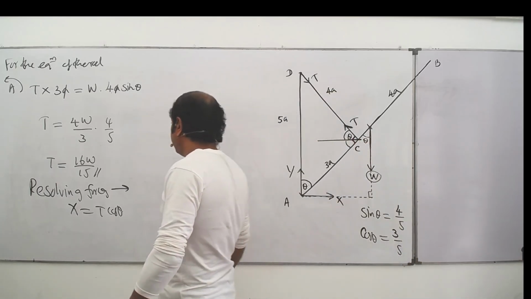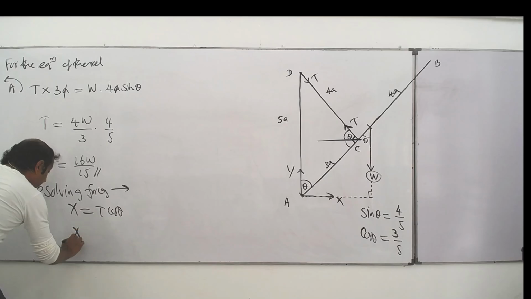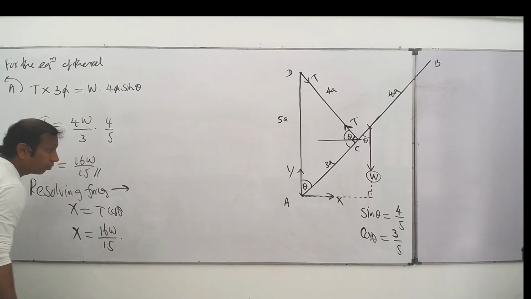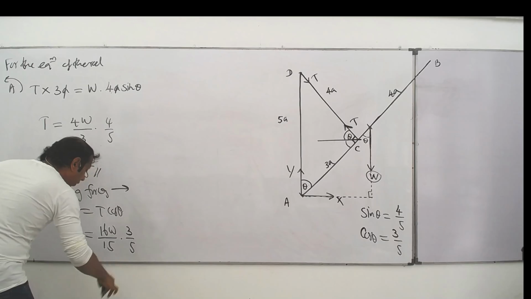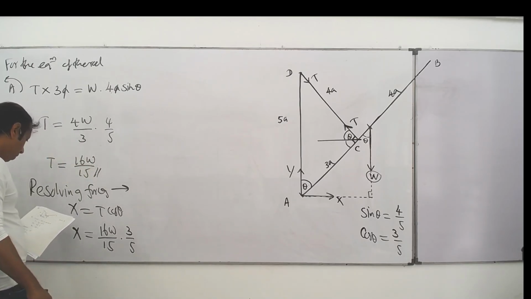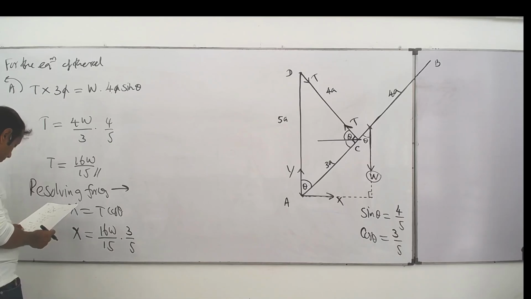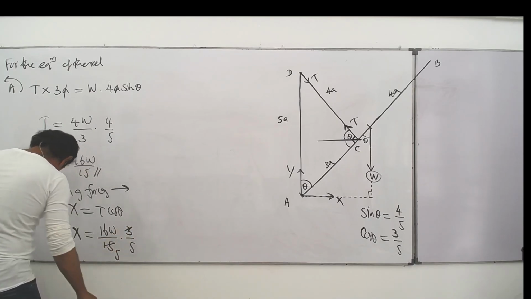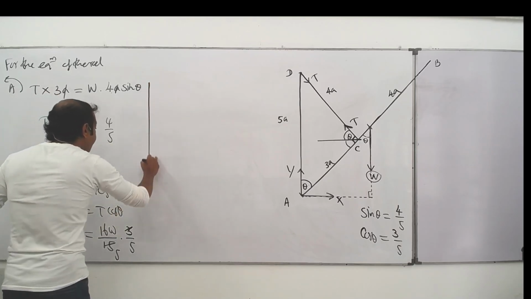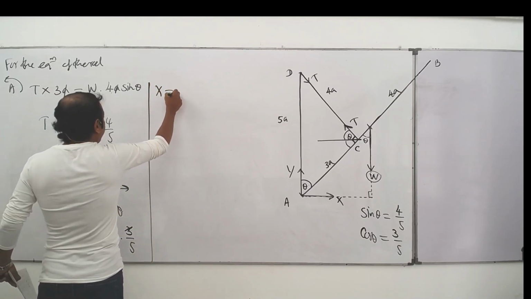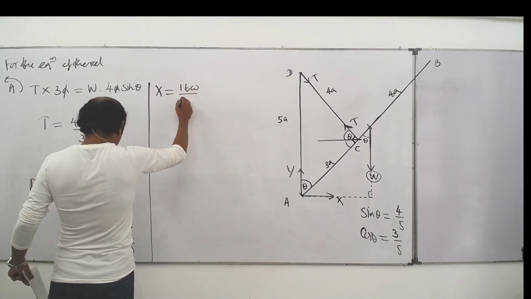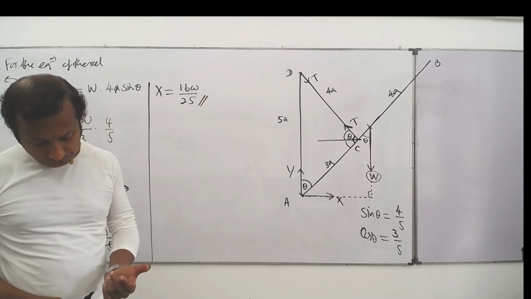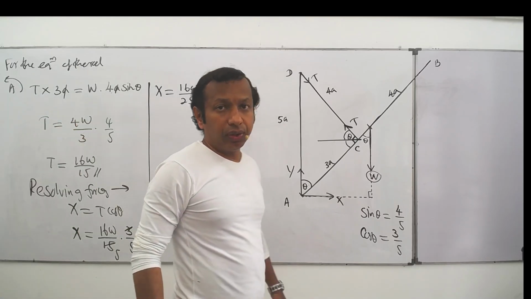Then T we found here, 16W over 15, cos theta 3 over 5. Then we get 3, and this we can cancel down. X is 16W upon 25. This way we can complete that question. Okay, right, this is the end of the discussion.